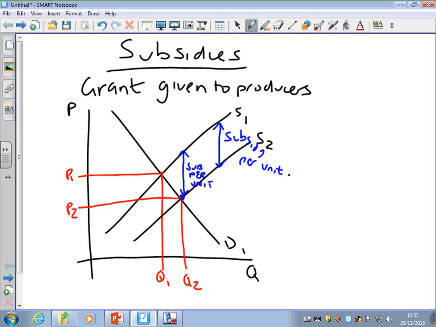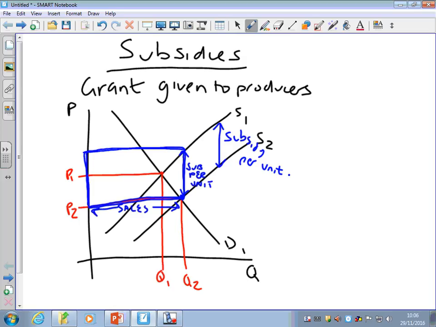And the government is saying, well, you've sold Q2, so this shows me the sales. And the government are now thinking, right, for every one of those sales, we've got to give you this subsidy per unit. If I multiply these two sides together, what I get is this huge blue box here. And this shows me how much that subsidy will cost the government.